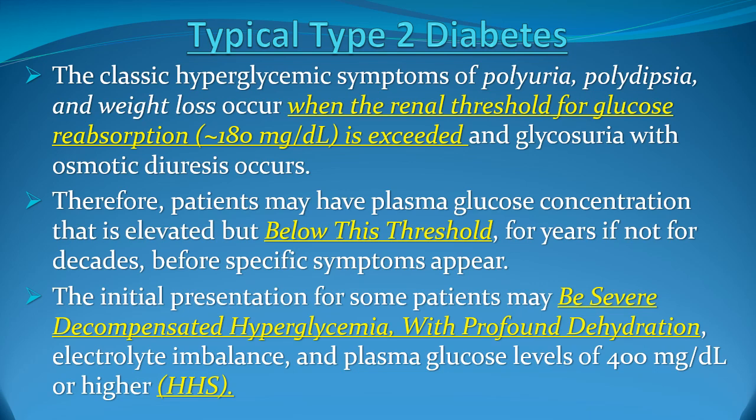So the classic symptoms of diabetes, polyuria and polydipsia, start to occur if the blood glucose exceeds the renal threshold, which means there is a category of patients in whom the blood glucose is elevated but hasn't yet reached the renal threshold. Accordingly, they will be asymptomatic. This asymptomatic phase occurs because the blood glucose level is truly elevated and fulfills the criteria of diabetes, however it hasn't reached the renal threshold.